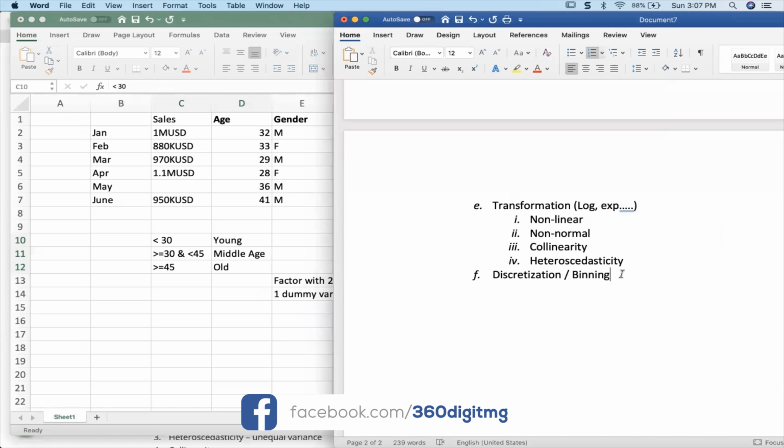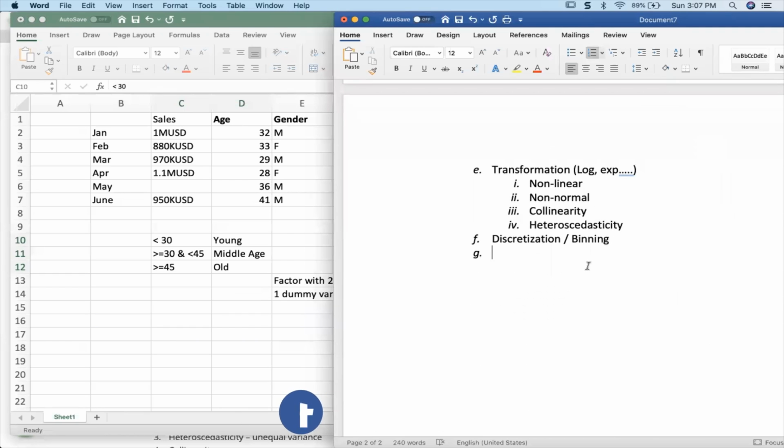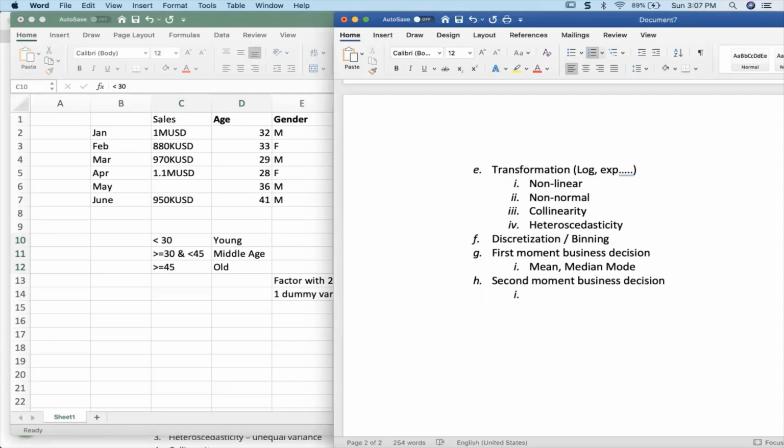Once all these things are done, then you move to exploratory data analysis. Then you do first moment business decision, or measures of central tendency: mean, median, mode. Second moment business decision: variance, standard deviation, range.